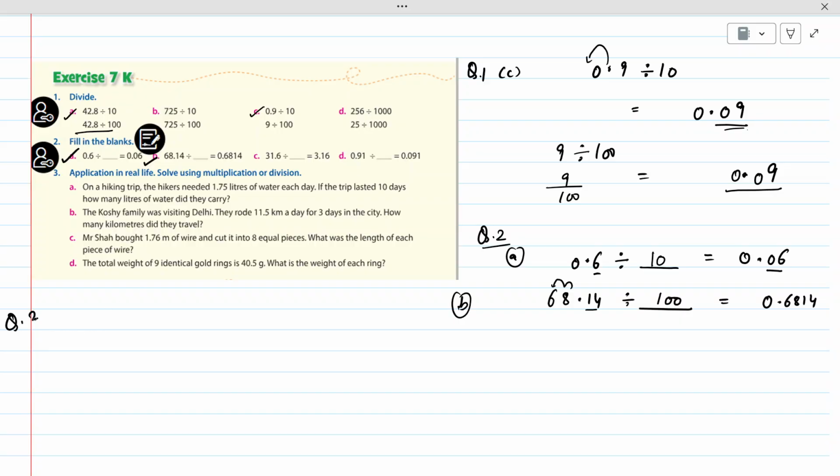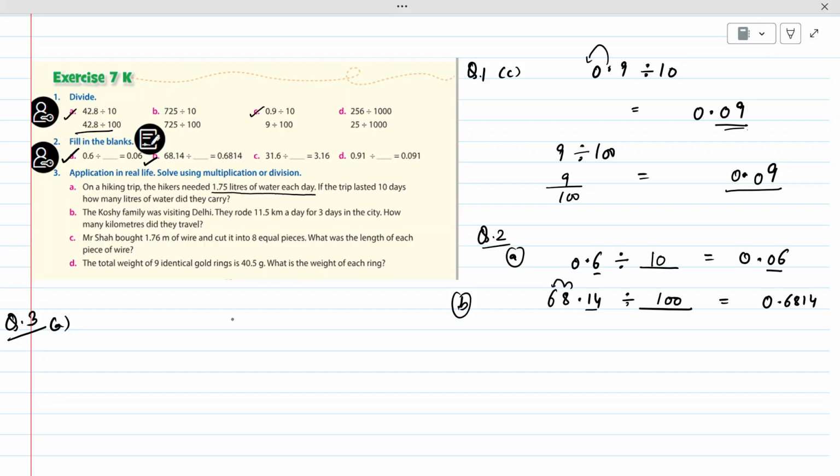Now, let's go to question number 3, A part. It says, application in real life, solve using multiplication or division. Okay, the first part is, on a hiking trip, the hikers needed 1.75 liters of water each day. And if the trip lasted for 10 days, how many liters of water did they carry?